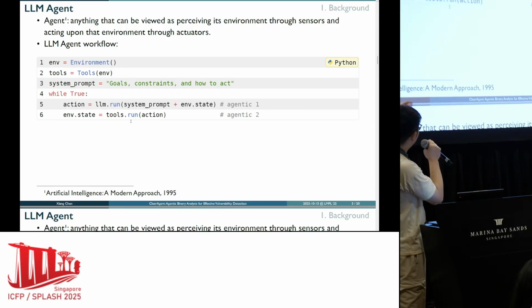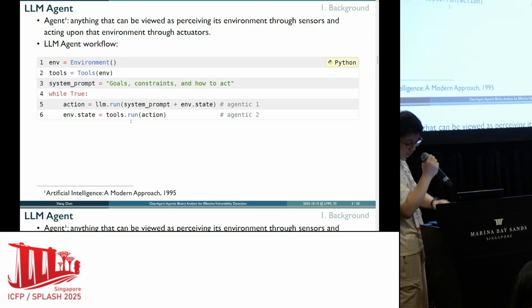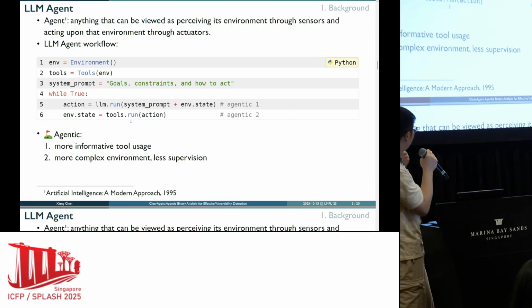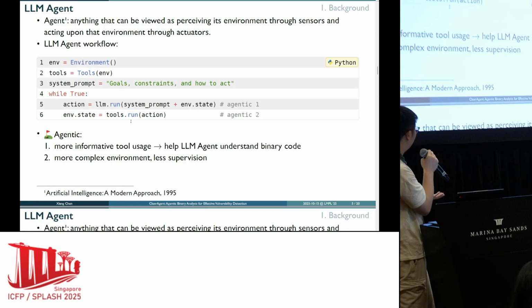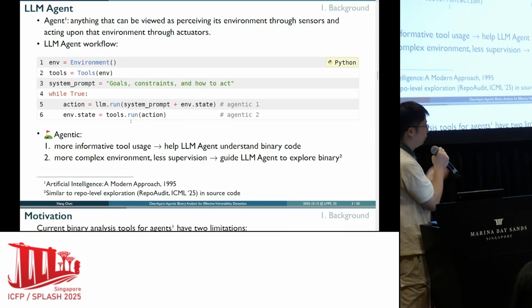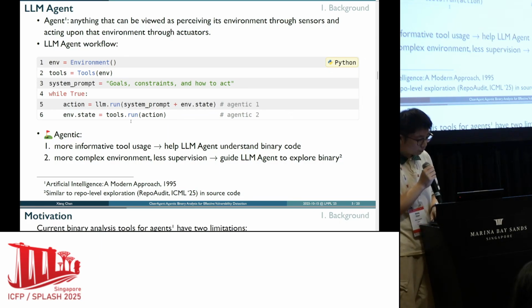In the main loop, there are two main steps, and for each step the agent can optimize towards the agentic workflow. In the binary analysis scenario, we instantiate the agentic principles to first help the LLM agent understand binary code, and second, to guide the LLM to explore the binary.